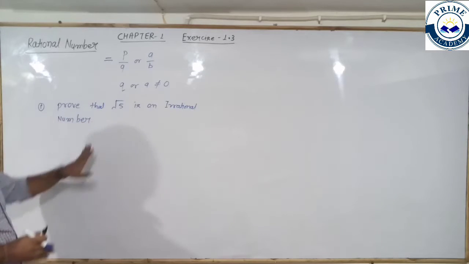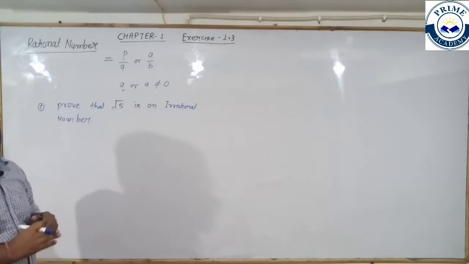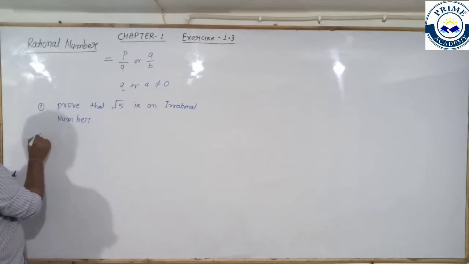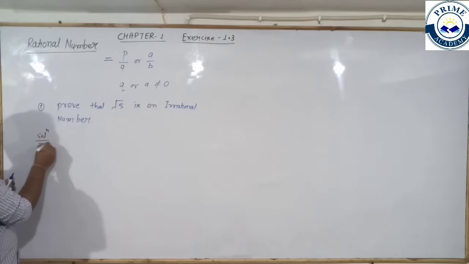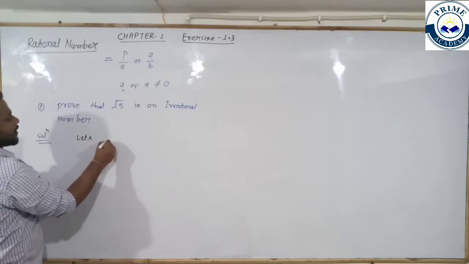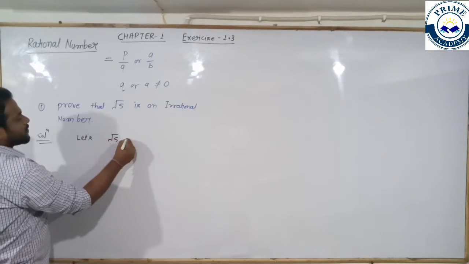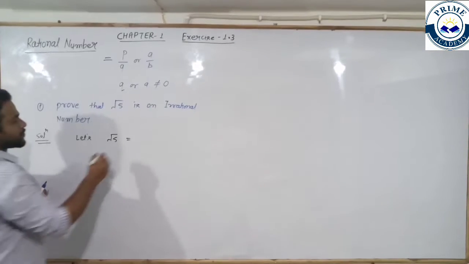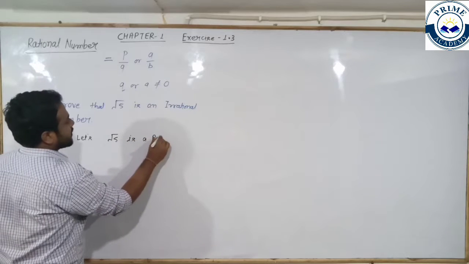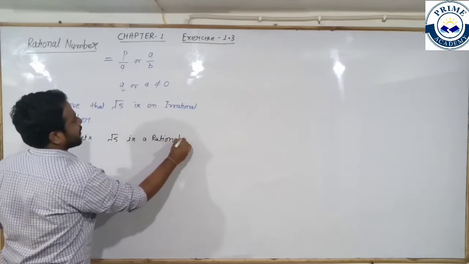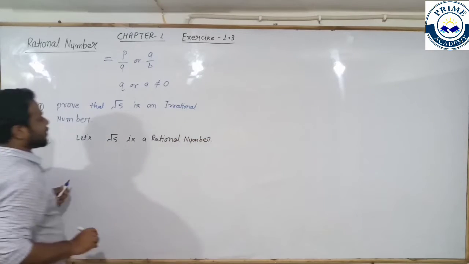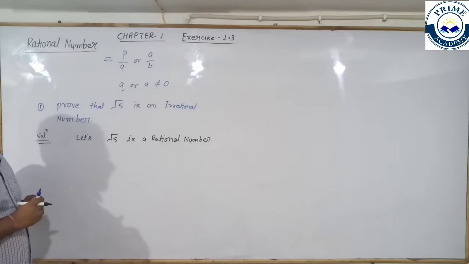I am doing the solution now. Let's assume root 5 is a rational number.